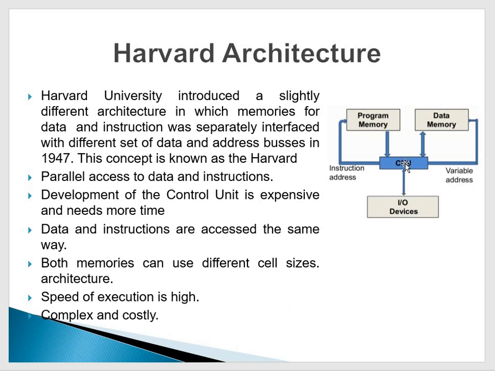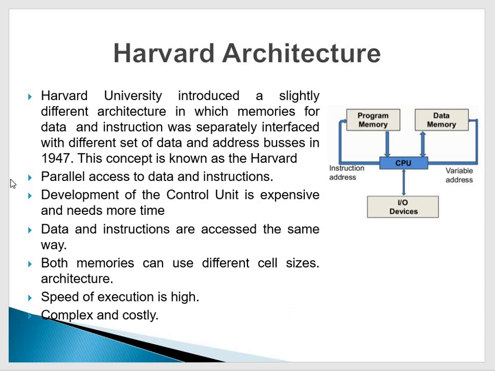So the CPU can access the opcodes or instructions of the program in parallel with the data, because these two different sets are used, one for the opcode and the other for the data memory. So this is the first advantage: parallel accessing of data and instructions is possible, which was not possible in the von Neumann architecture.